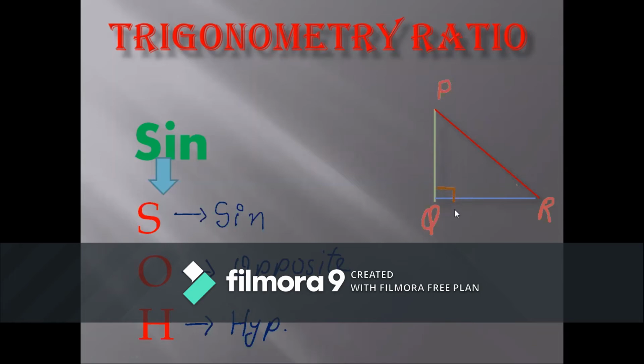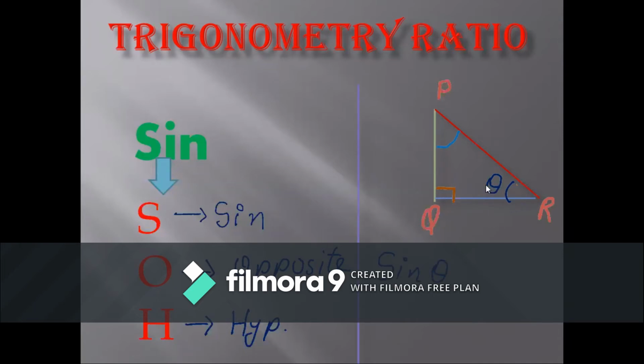We have already discussed that all trigonometric ratios are only applicable in the right angle triangle. So here angle Q is the right angle. Now we need to find the sine ratio for the angle R. We are supposing this angle as theta. Theta is some measurement that is not given, so we are assuming a variable theta.